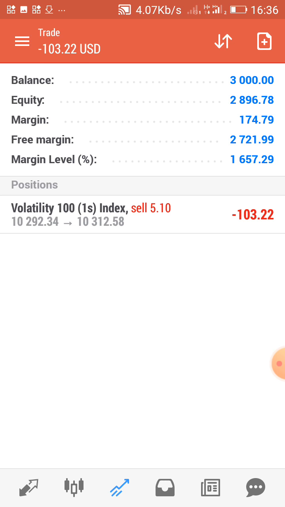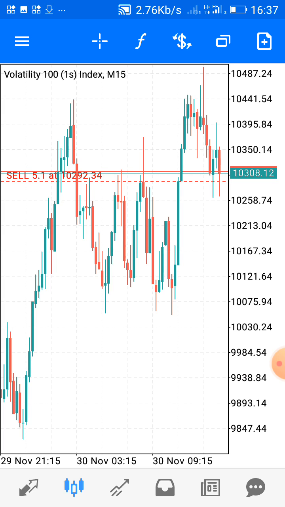This one is a sell, and I will hold it until it goes to blue. As you can see, it is moving downwards now. There is only one secret that you must know.